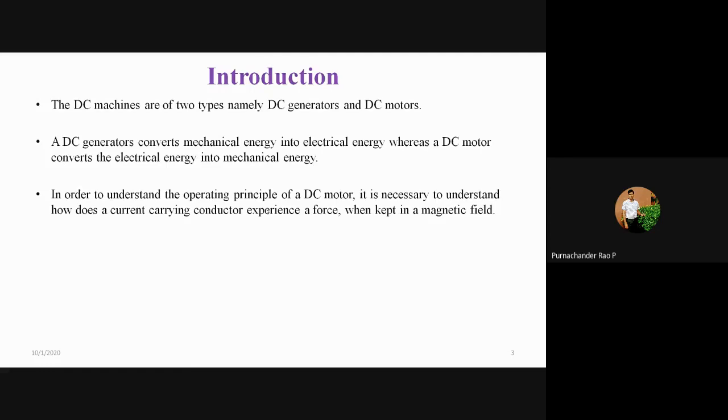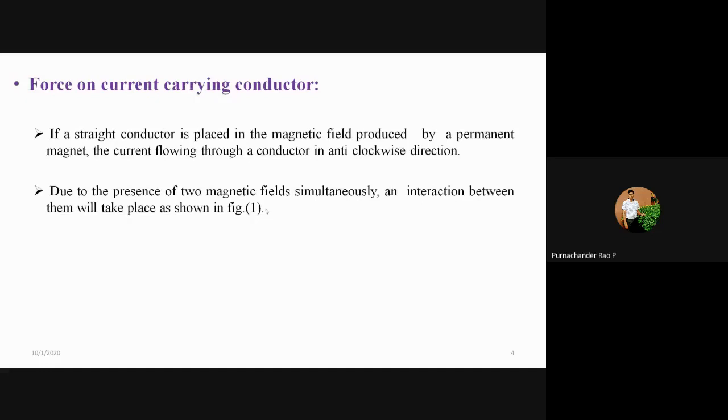The basic principle of operation of a DC motor depends mainly on a straight conductor placed in a magnetic field which is produced by a permanent magnet.